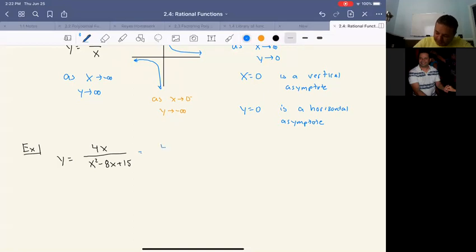So we're going to write this as 4x over x minus 5 times x minus 3. Okay, so now we're going to have two problems in the denominator, at 5 and at 3. So x equals 5 and x equals 3 are vertical asymptotes here.